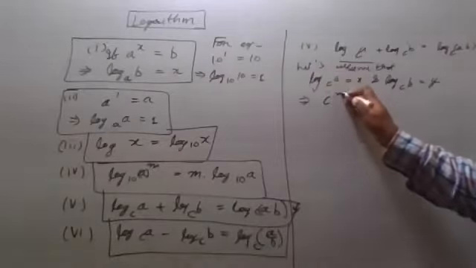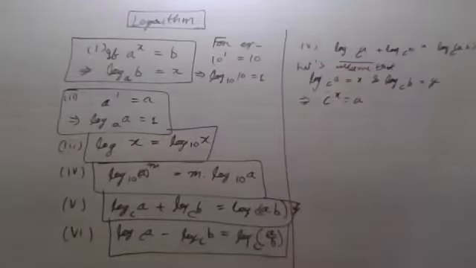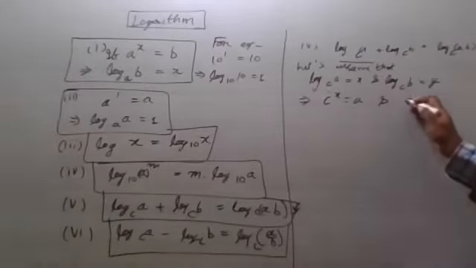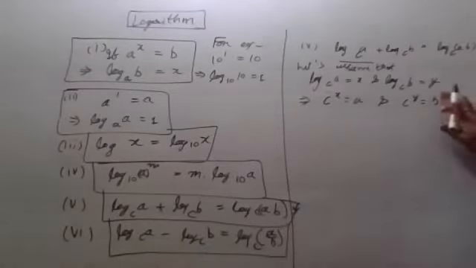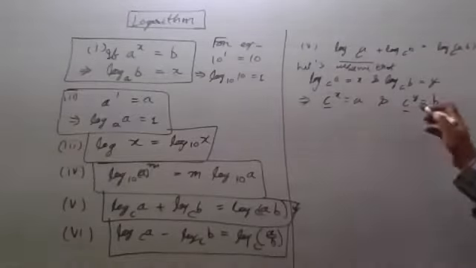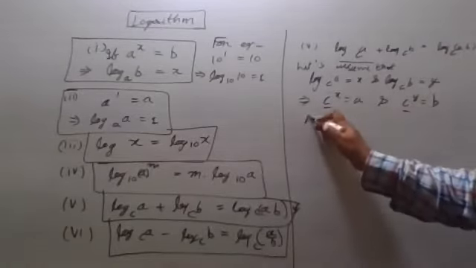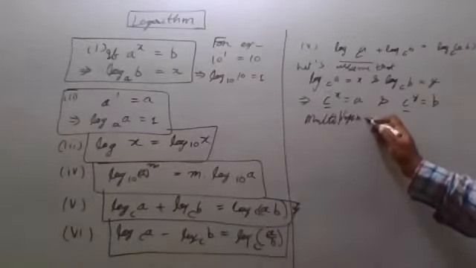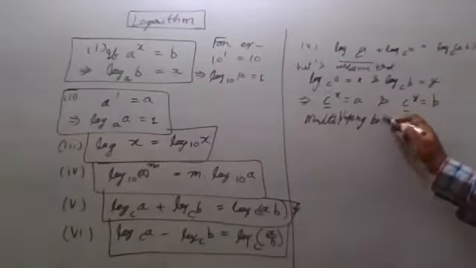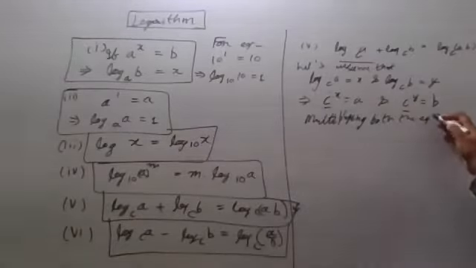C to the power x equals a, correct? Second, c to the power y equals b. Okay. Now, if you multiply these two, multiplying both the equations, these are the equations.